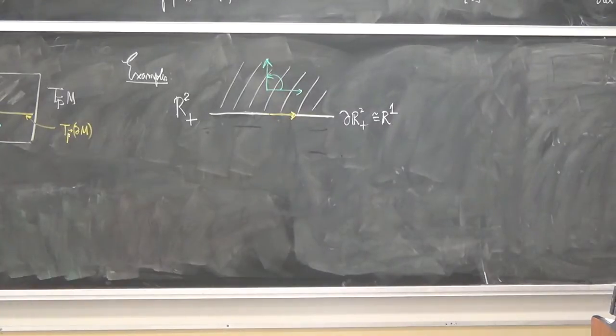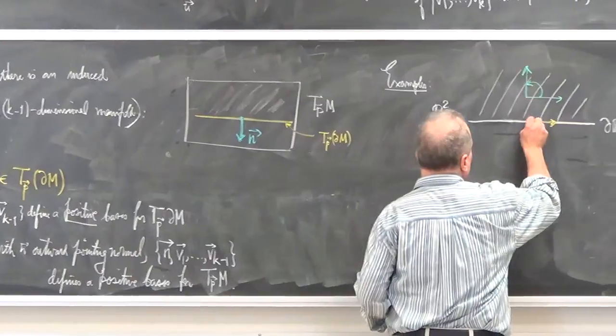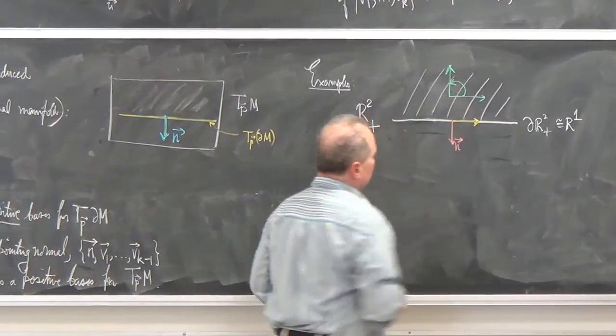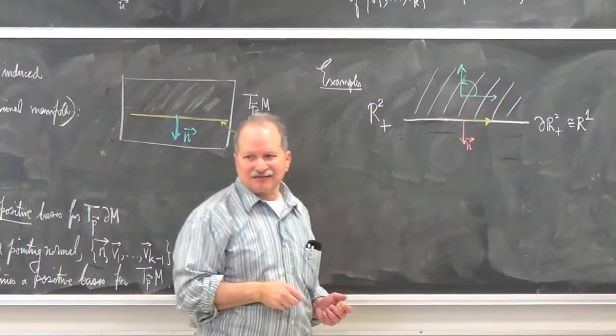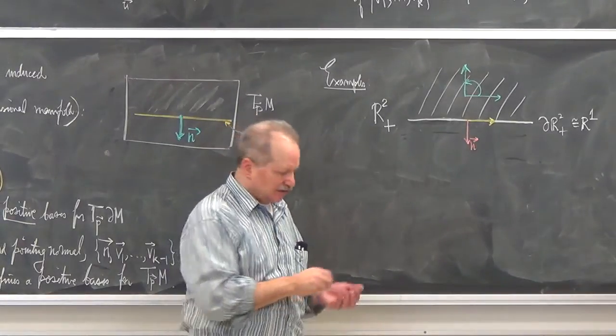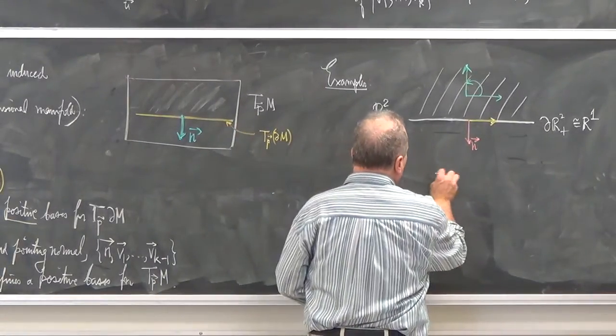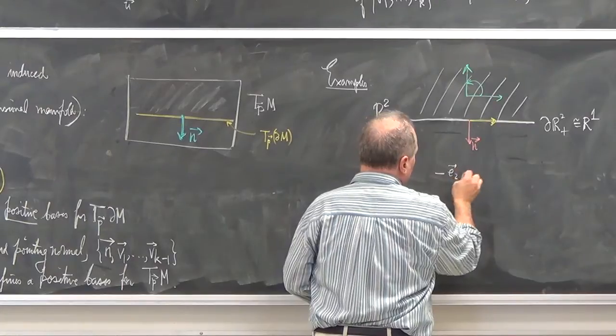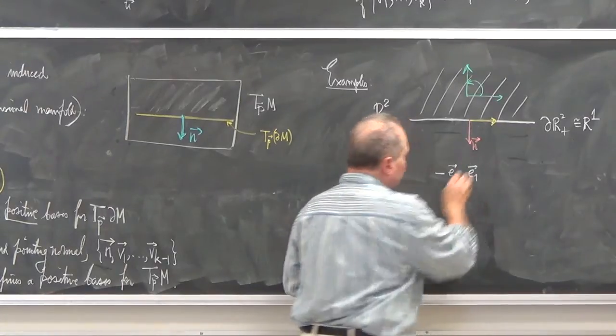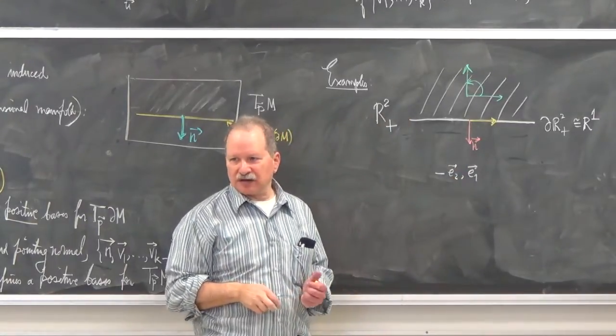What am I supposed to do? n is pointing down, okay, and we want that to be right-handed. So I want minus E2, and then I want to say, is E1 going next, or is it minus E1?